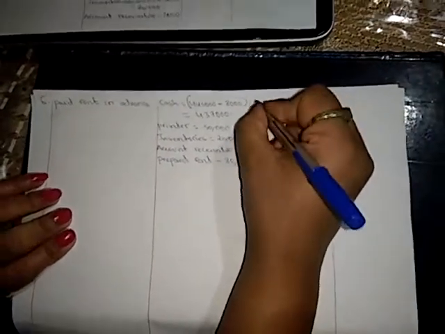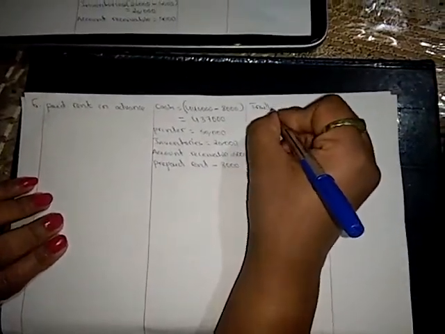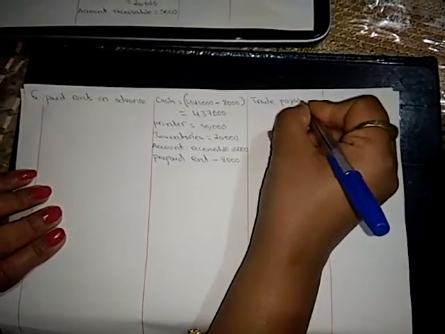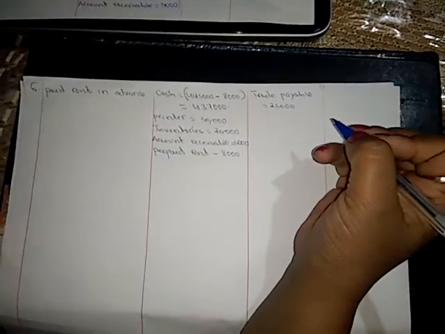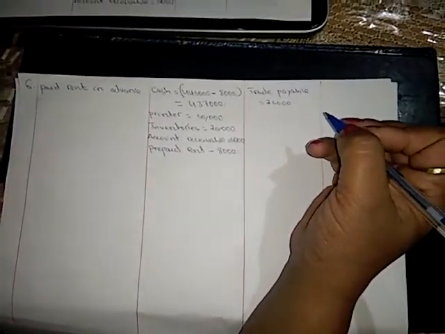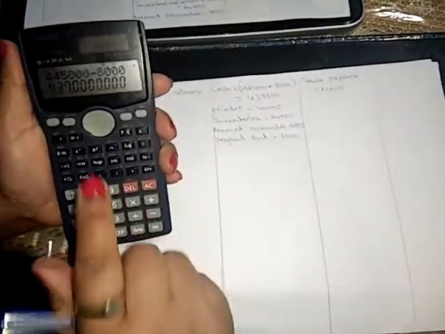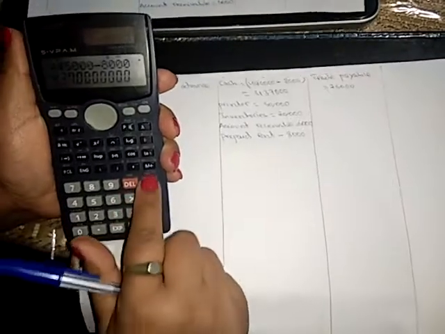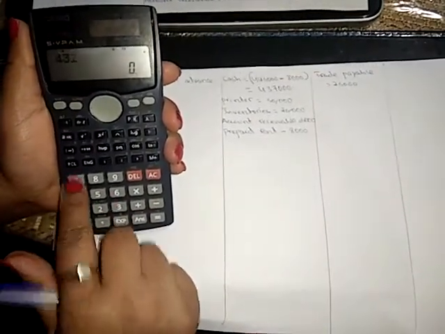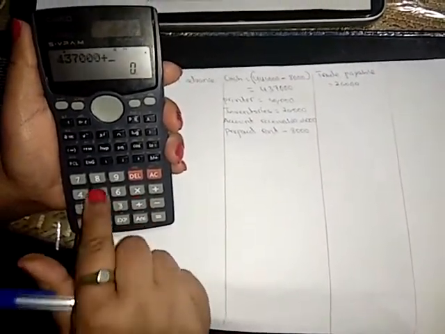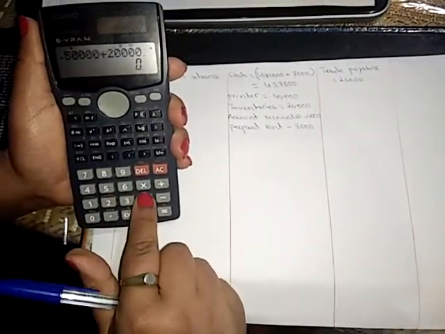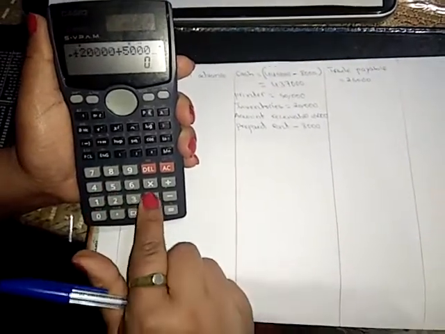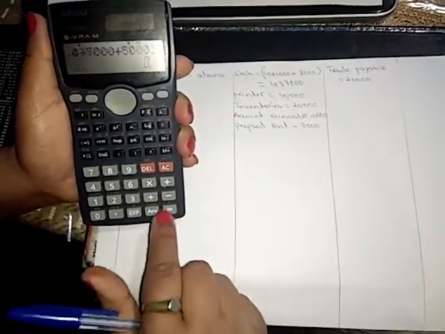Trade payable, nothing has been said, so till now you did not pay credit, so you have to write in the liabilities side. Now we'll find out what is the owner's equity. So what you have to do, add cash amount, so it is 4,37,000 plus 50,000, that is for printer, plus 20,000 plus 5,000 plus 8,000.